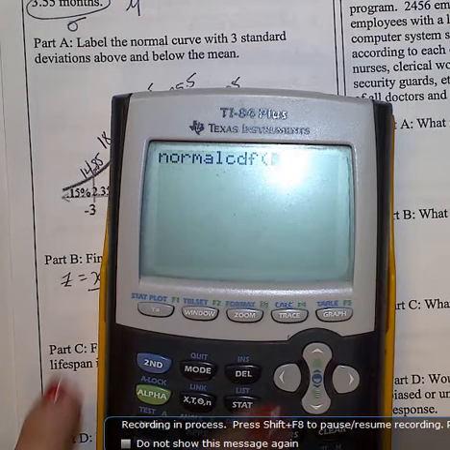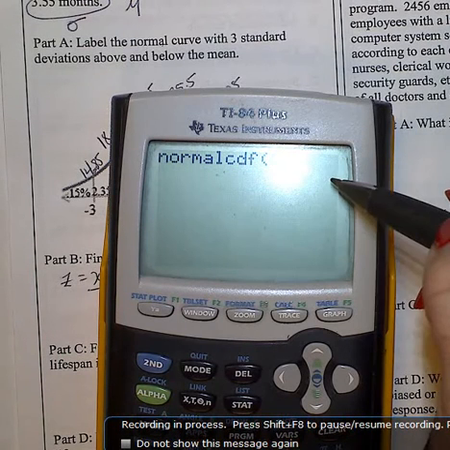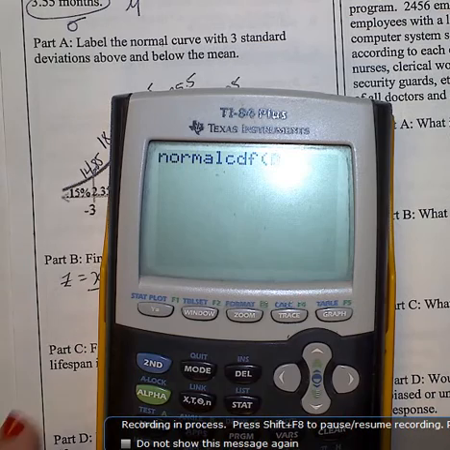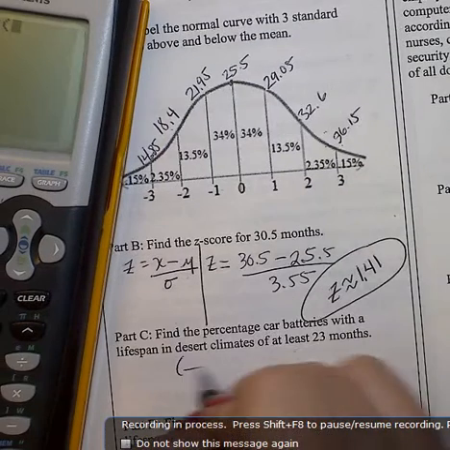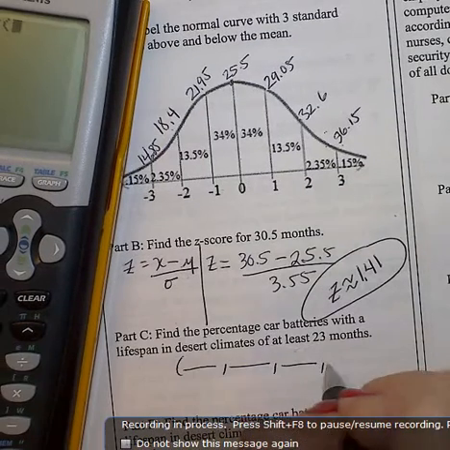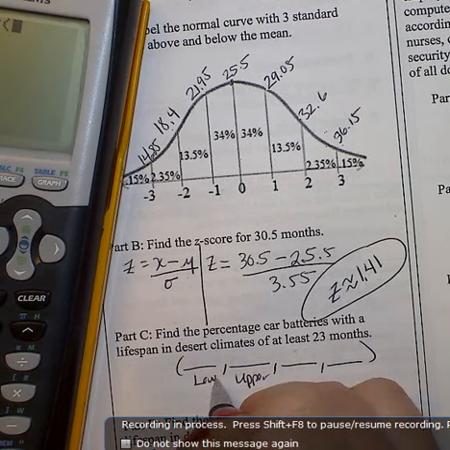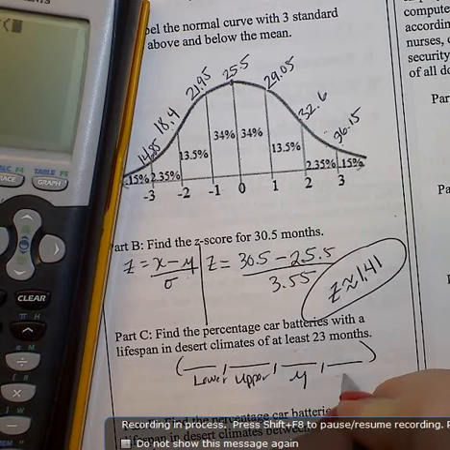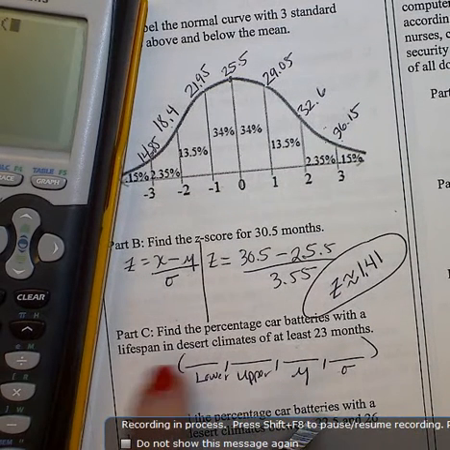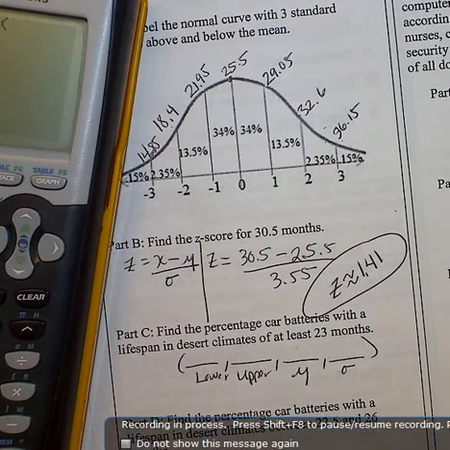Remember, it's always lower bound, upper bound, mu, and sigma, in that order. So I'm going to write down those 4 places. It's lower bound, upper bound, mu, and sigma.